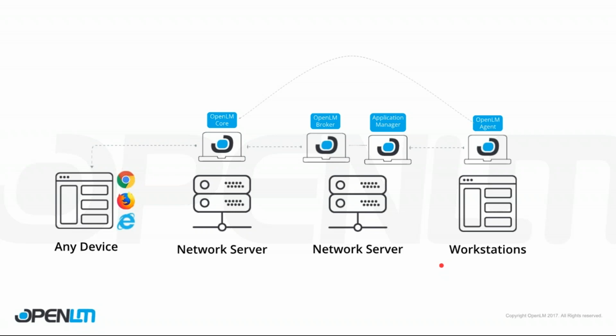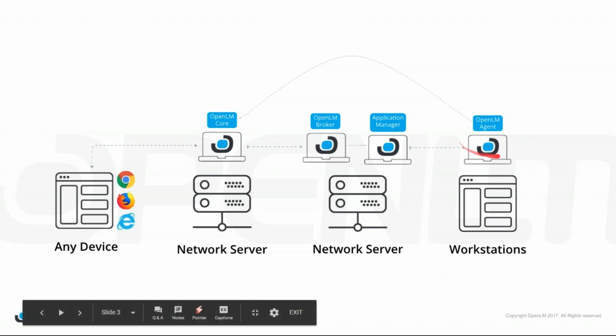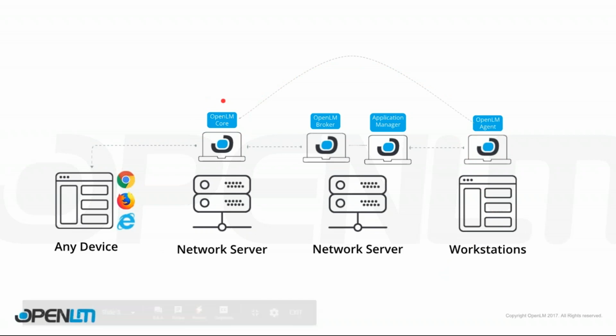Now this can be just installed or rolled out remotely, depending on what you want to do. So this can be connected directly into the OpenLM core. So you can harvest licenses, gather idle time, many more things that we'll talk about in a moment.